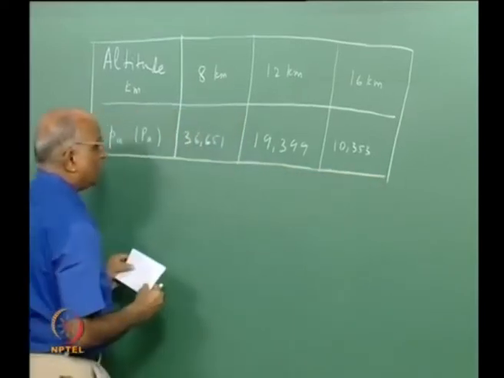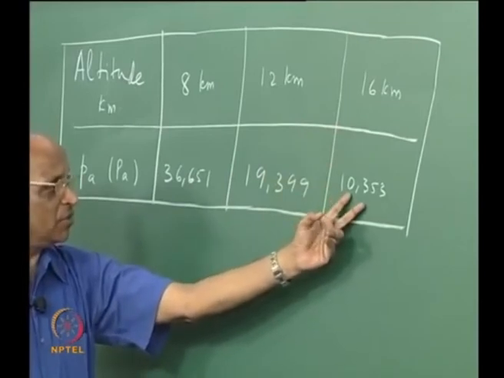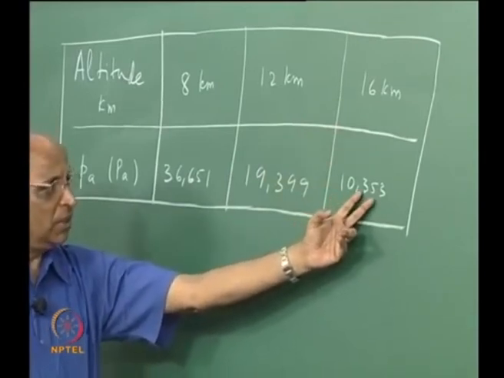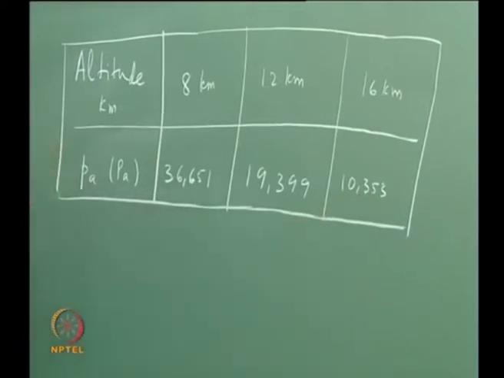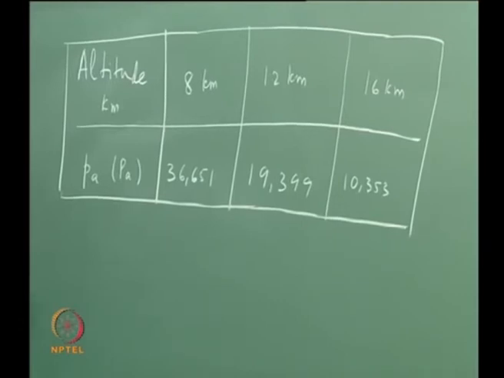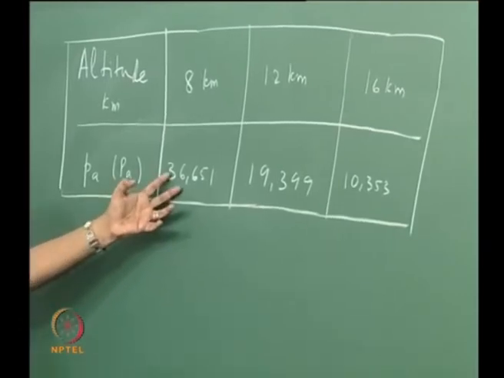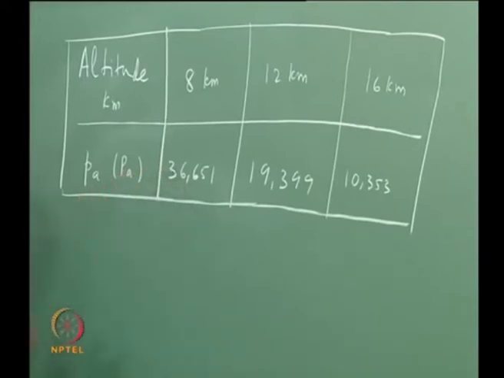The nozzle is designed for 16 kilometers, therefore, the exit pressure of the nozzle is 10,353 Pascal. We want to find out the condition at which, as the rocket goes up, the flow begins to separate or the nozzle gets to be over expanded.